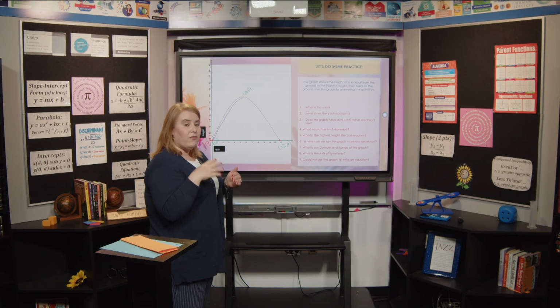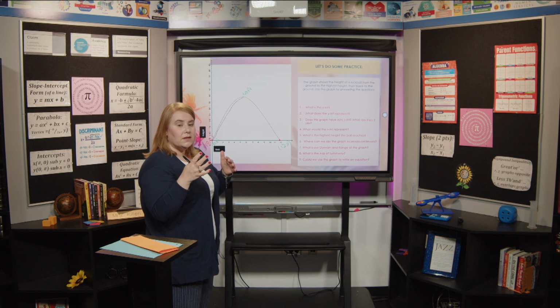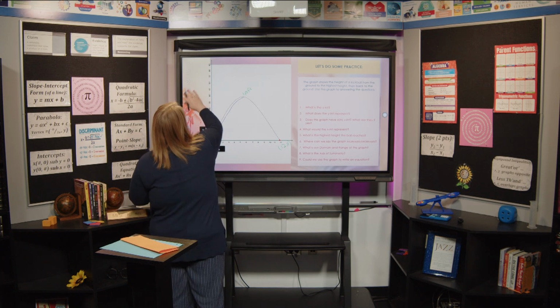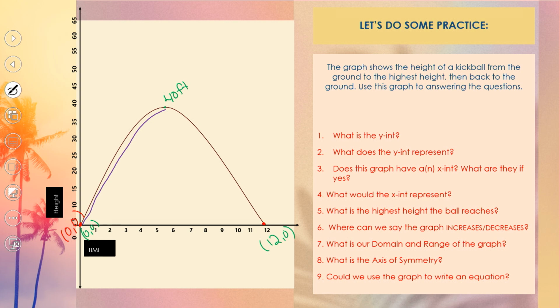So then we could say at 40 feet, it's doing what? It's decreasing. So let me get another color for decreasing. Just use this one. So now it's decreasing. So then it says, where is it increasing or decreasing?